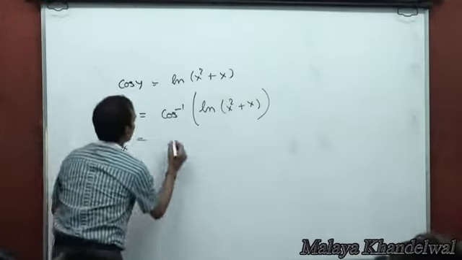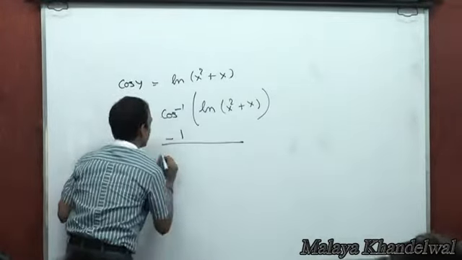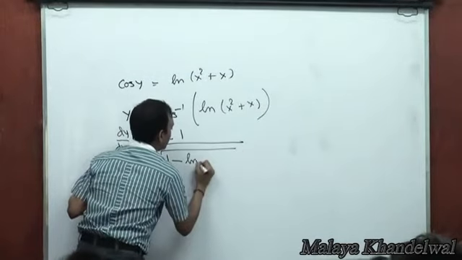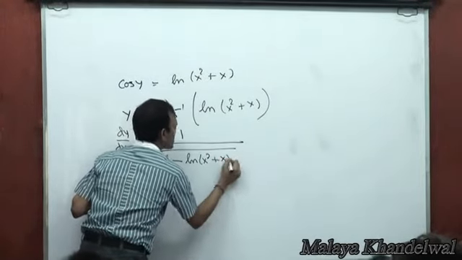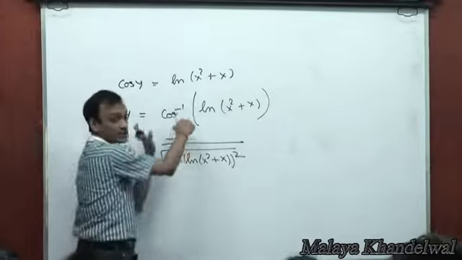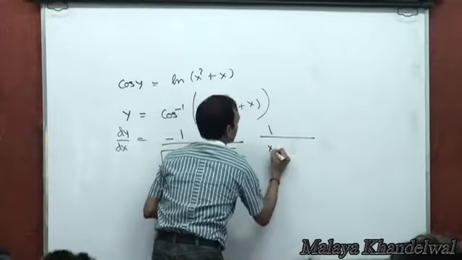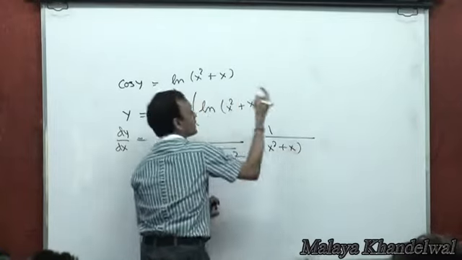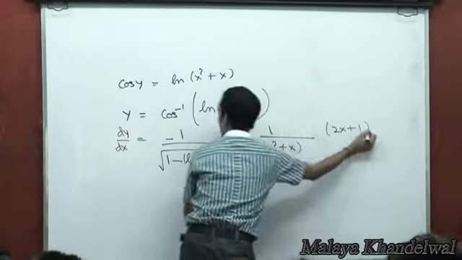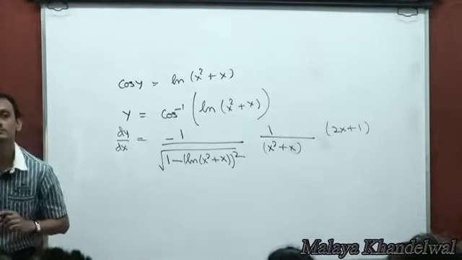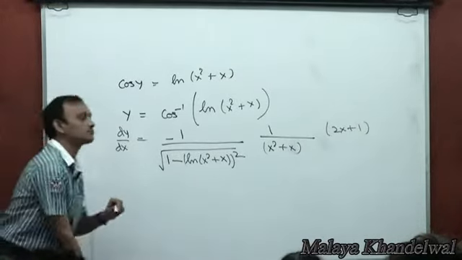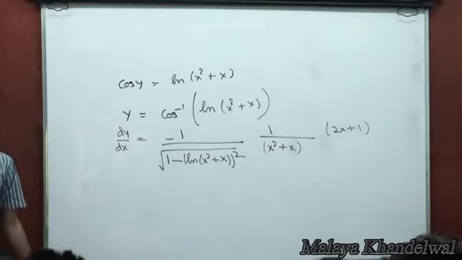So minus 1 by root 1 minus ln of x squared plus x, whole squared. That's cos inverse. Now go inside. Ln would give me 1 by x squared plus x, and then x squared plus x gives me 2x plus 1. Good, Vedant. Right. Fair enough?